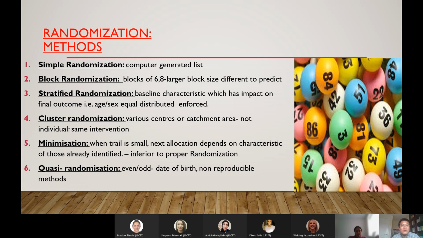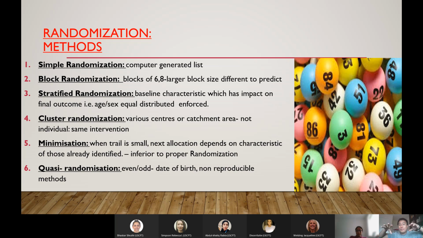So there are different types of randomization. I've got 2 slides and we'll be taking a break, okay? If they mention something about a computerized generator, this is a simple randomization. If they talk about blocks like 6 or 8, that is a block randomization. Randomization is, for example, a population is there and you just divide the population.